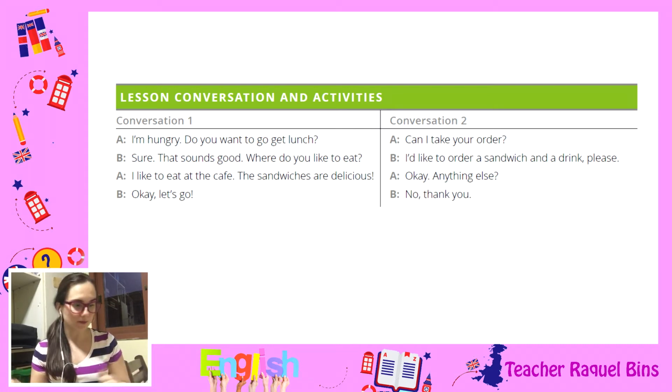Lunch, almoço. E eles também falam onde aquela pessoa gosta de comer, né? At the café, que é o nome do lugar. The sandwiches are delicious. Então, eles falam o porquê que ele gosta de comer naquele lugar. Porque the sandwiches are delicious. Okay, let's go. So, let's go, let's eat.